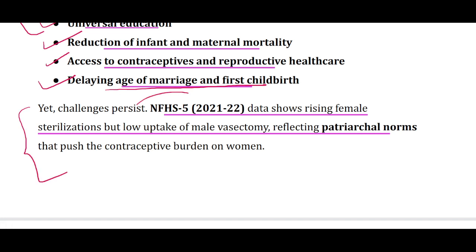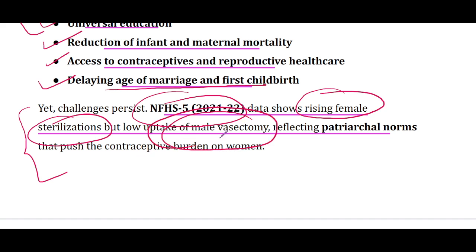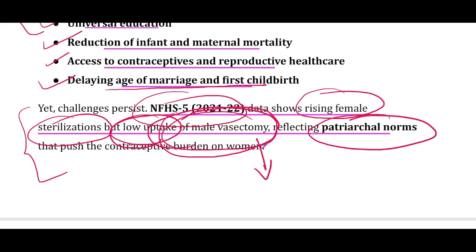But yet, the NFHS data show that female sterilizations are rising, but male vasectomy, that is the male way of sterilization, has a low uptake. क्योंकि यहाँ पे माना जाता है because of patriarchal norms कि जो आदमी है वो ऐसी कॉन्ट्रासेप्टिव सर्जरीज न परफॉर्म करे क्योंकि उसकी ज़रूरत हो सकती है, generally as a way of saying that it is ignoring female authority over their reproductive rights and giving more primacy to male.